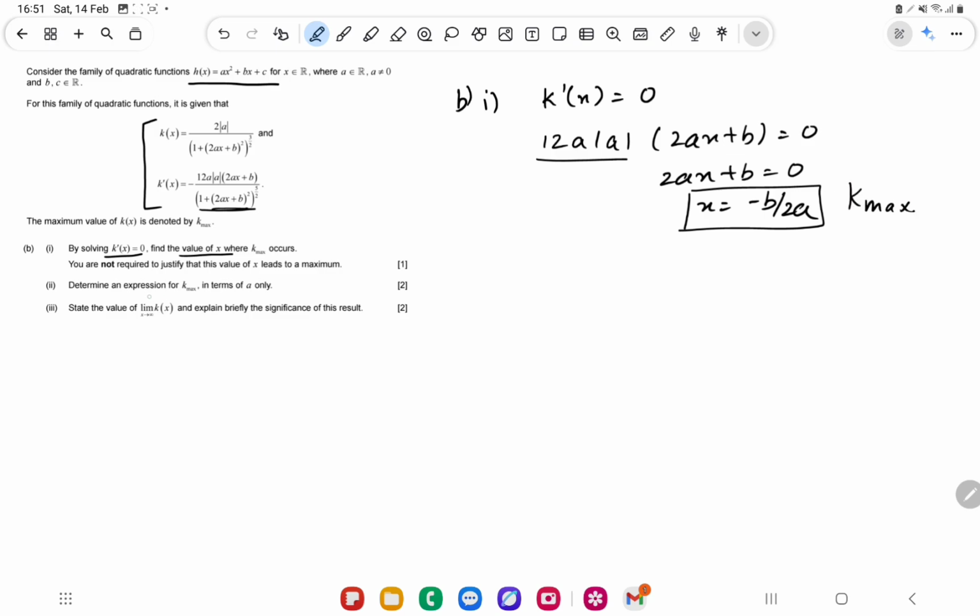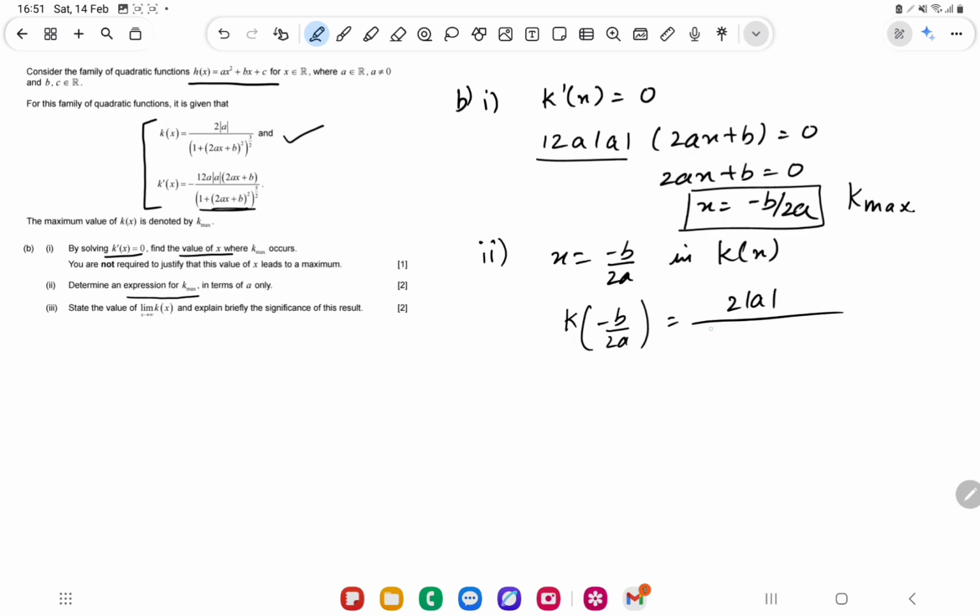Now for the second part we have to find the expression of k max. To find the expression of k max, I have to substitute the value x equals minus b by 2a in the k(x) function which is given here. If I replace x with minus b by 2a, the numerator is this.